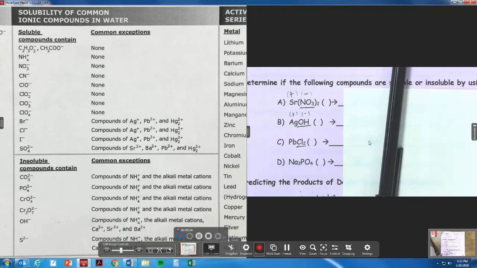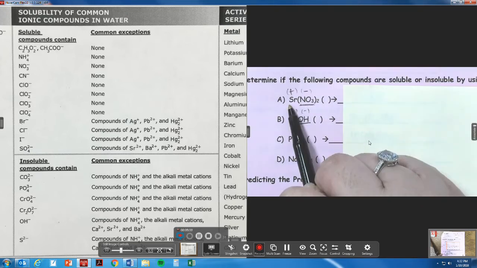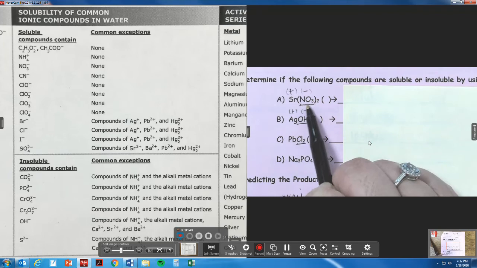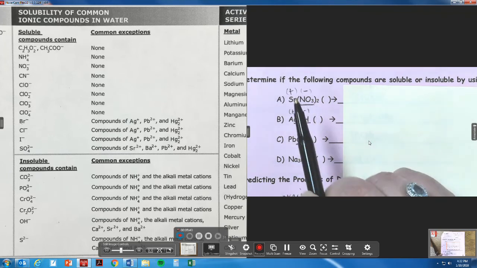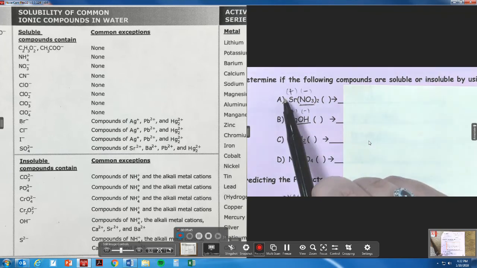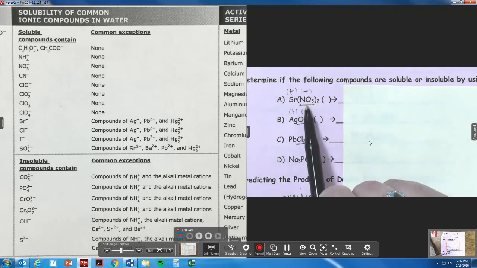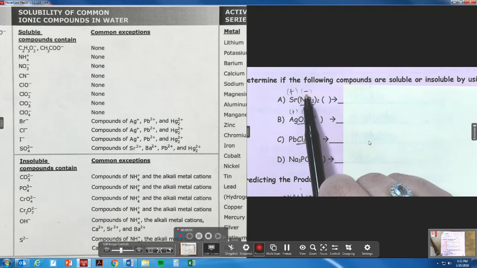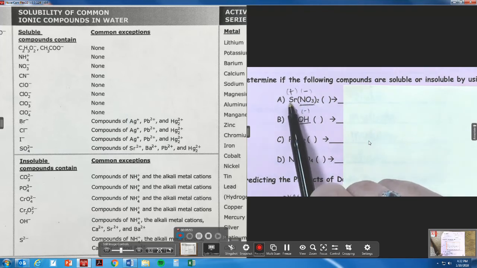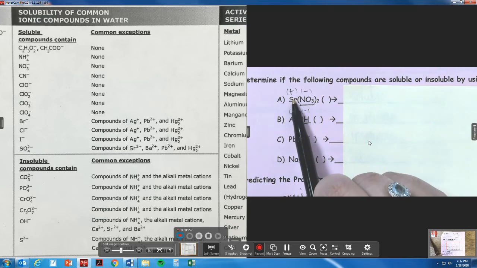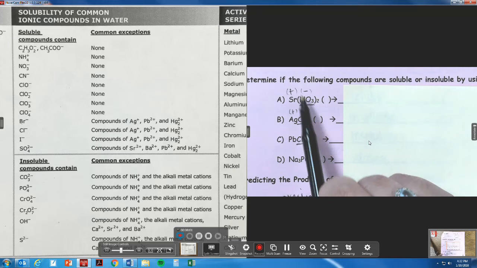Okay, so if we have strontium nitrate as our first example, to determine whether or not this compound is soluble, you are only going to use your negative ion. Remember that when we write compounds, your first ion is always going to be positive, and then your second ion is always going to be negative.